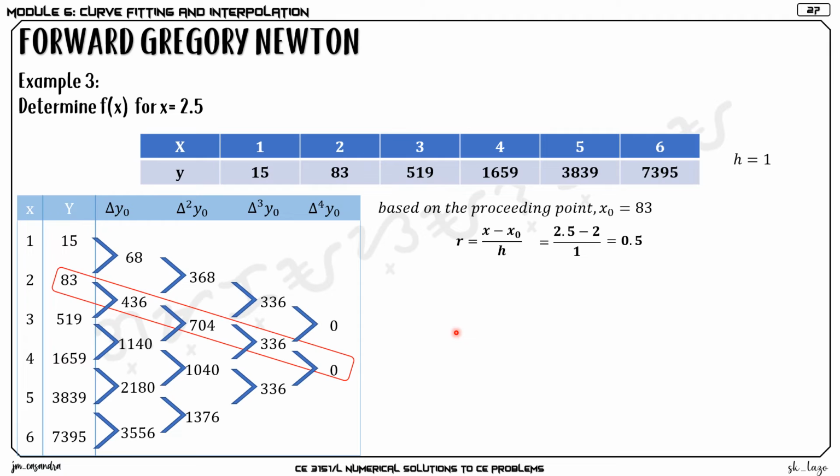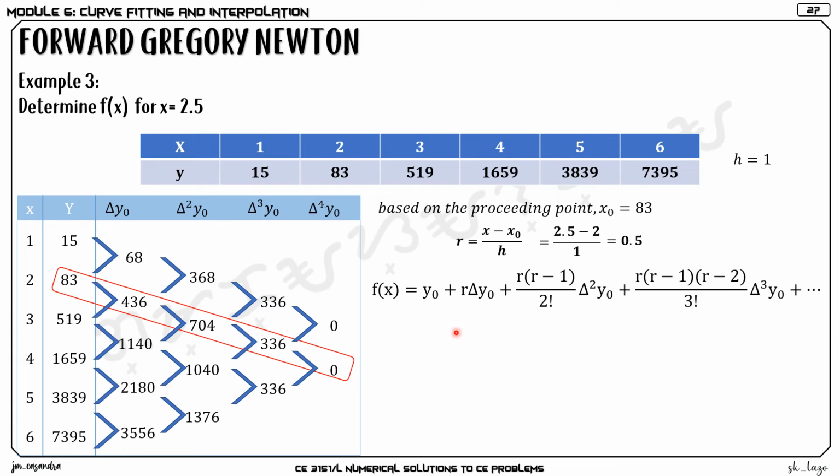So we have now 83, 436, 704, 336, and 0 as the values of y sub o, delta y sub o, delta squared y sub o, delta cube y sub o, and delta raised to 4 y sub o.